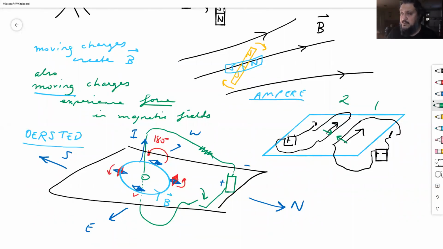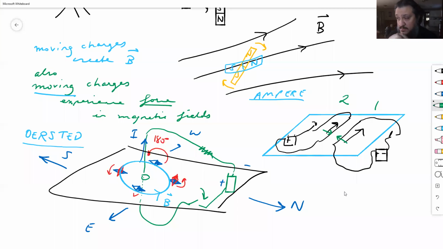Let me pause for a second. Okay, so that's Ampere's experiment, which shows that two current carrying wires will exert forces on each other. By the way, these forces have to obey Newton's third law, the action-reaction principle, right?